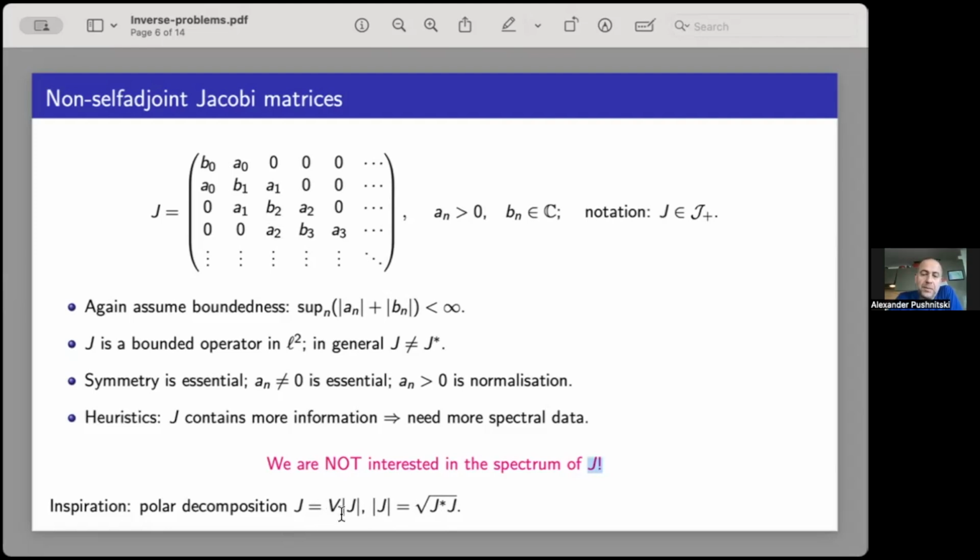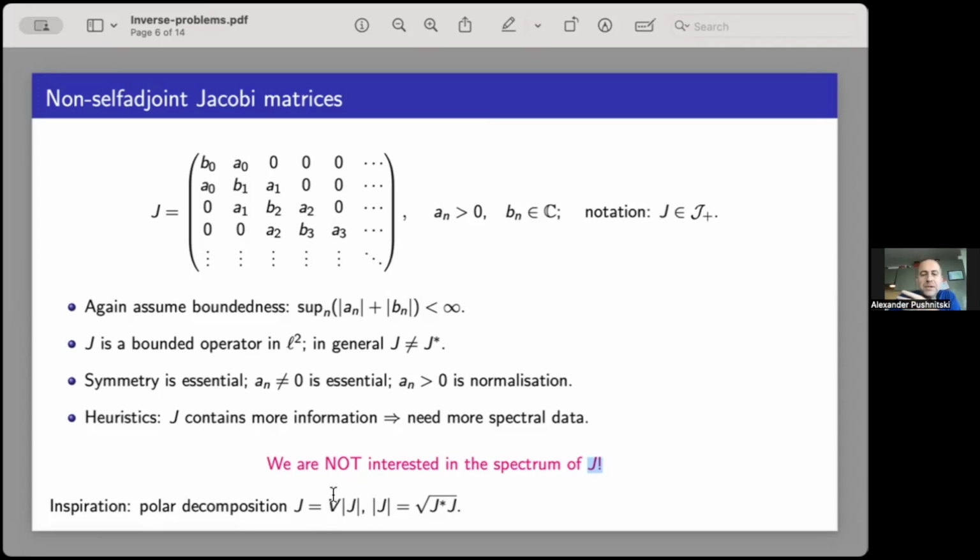This is a bit like representing a complex number through its modulus and phase. In some sense, our spectral parameters will have the same spirit. We will have a measure which describes the modulus of J, and we have some function, which we call the phase function, which describes this V.